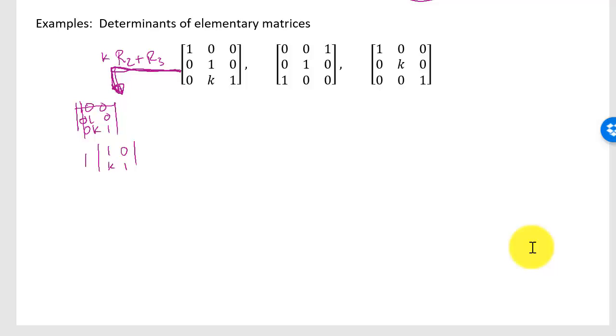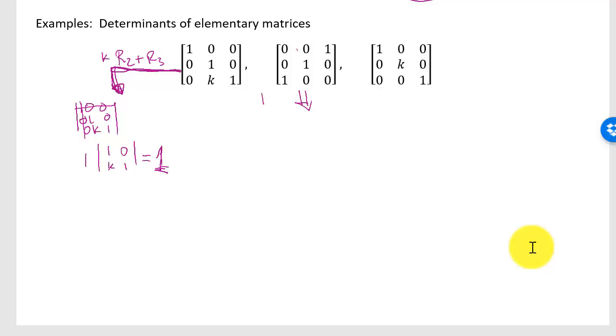And this is just going to be 1 minus 0. So that's just going to be 1. So in this particular elementary matrix, our determinant is equal to 1, which is the same as the determinant of the identity matrix.